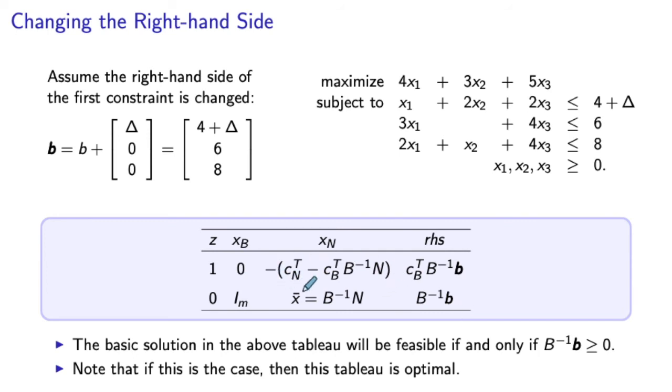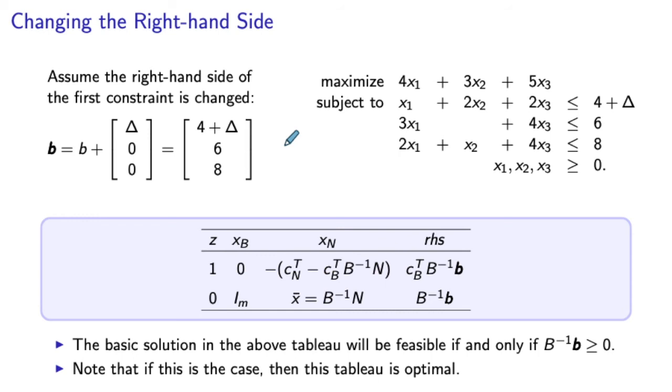The optimality part is not impacted by this change, but computing the new B inverse times b, we can read B inverse again from the optimal tableau, as we know, and then we plug in new b that involves deltas. As a result, when we compute the new right hand side, this expression for the right hand side is going to involve delta, and you need to make sure that this is still greater than or equal to 0 in order for the previously optimal basis to remain feasible and hence optimal.